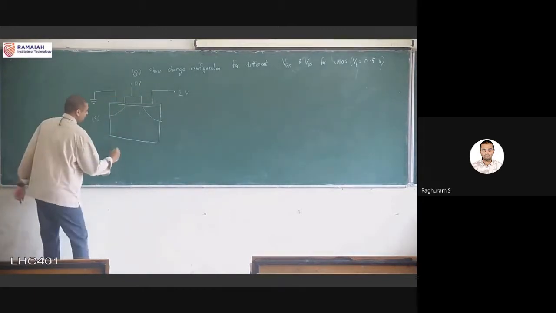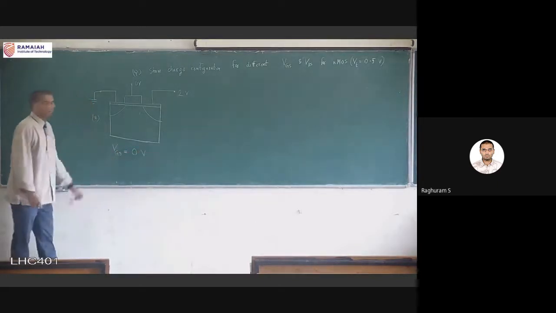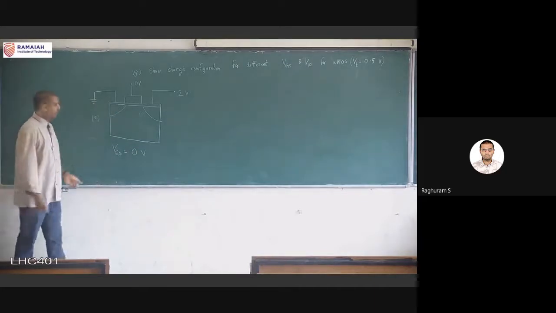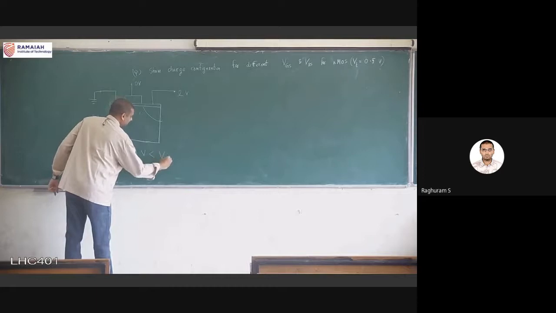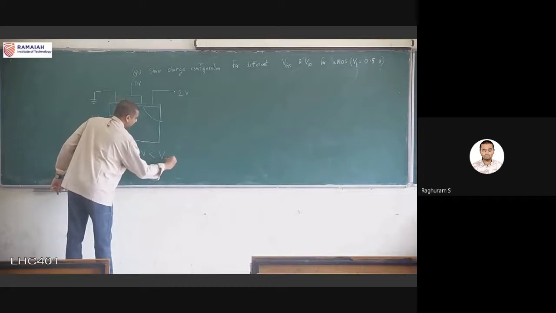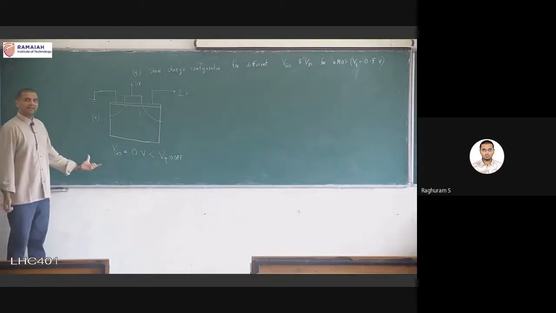So VGS equal to 0 volts, right? 0 minus 0 is 0, and VGS is lesser than VT. So the transistor is off. This is the electrical condition.